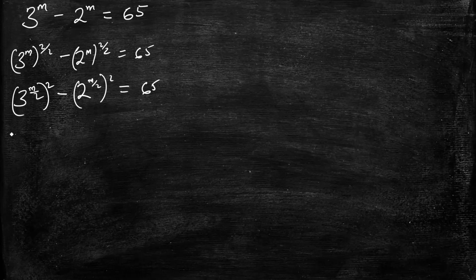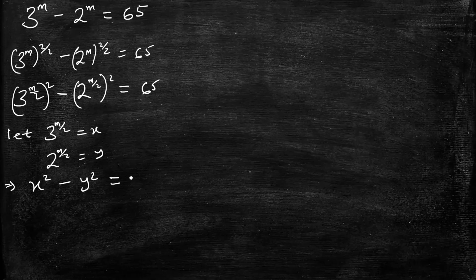So let 3 raised to m on 2 be x, and the other one be y. So in going back, I can say x squared minus y squared equals 65. All right, so we can perform the difference of two squares: x plus y, x minus y.